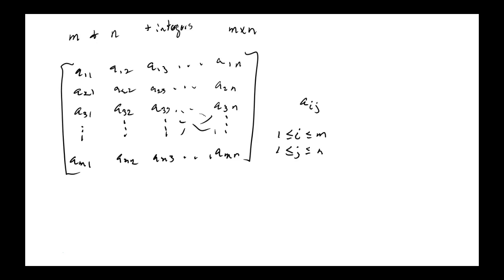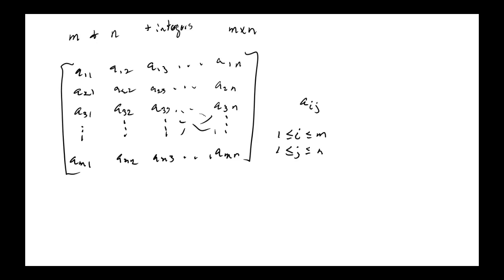Matrices are usually denoted by capital letters. And by the way, if you haven't picked up on this, the singular is matrix with an X, and the plural is matrices with a CES.